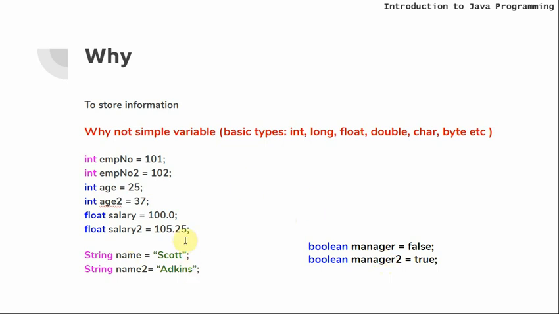Just assume that if there are more than 20 fields, more than 20 attributes, or more than 20 states for a single employee, it will become really hard, and we have to go up and down in order to understand which variables belong together or belong to a similar employee.